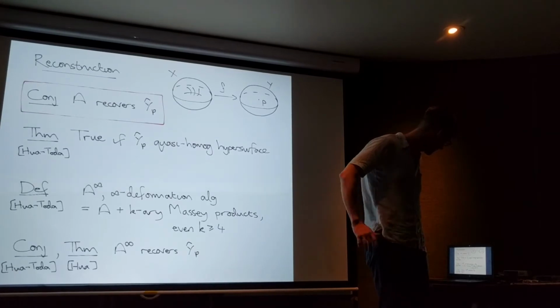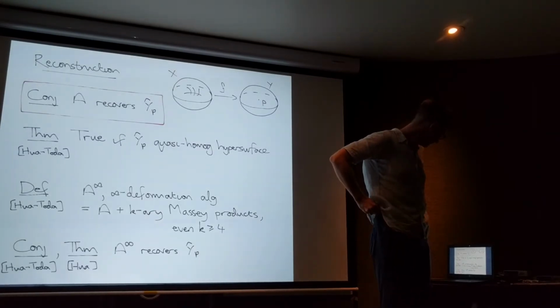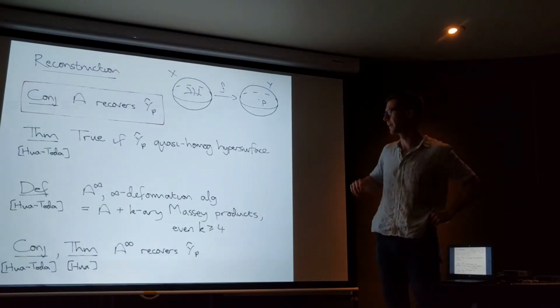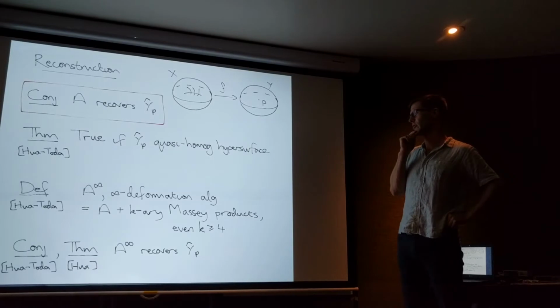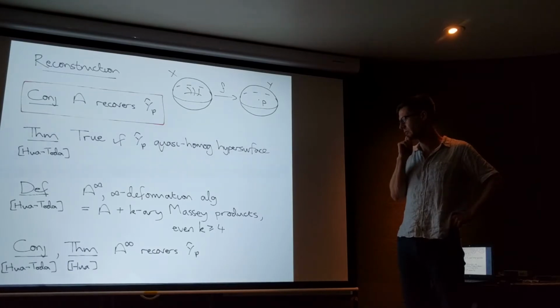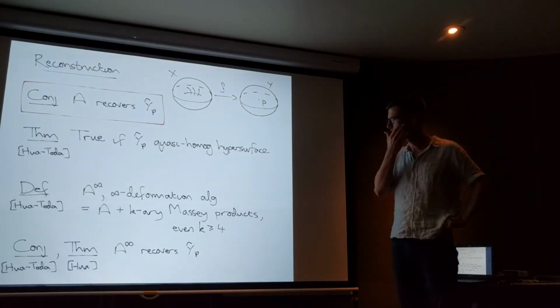So I want to briefly say something about the potential applications to describing the geometry using this non-commutative algebra. And then I'll come back to the construction and its generalizations.